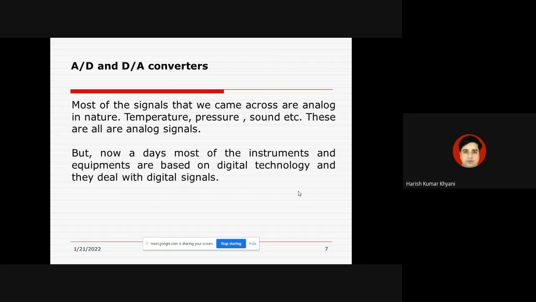But at the same time, we all know that most of the instruments and equipment used nowadays are based on digital technologies. Digital technologies means these instruments deal with only digital signals. There are also instruments that only deal with analog signals. So in both ways we need some kind of conversion.